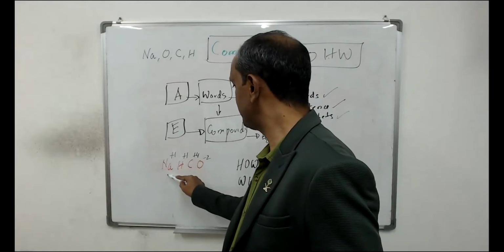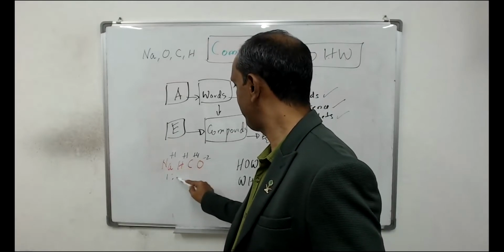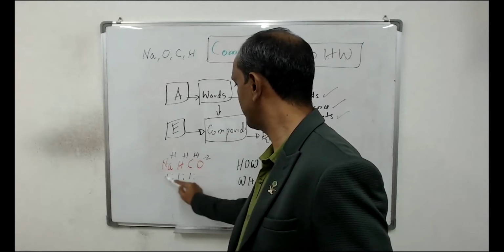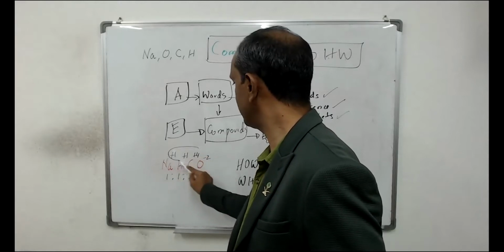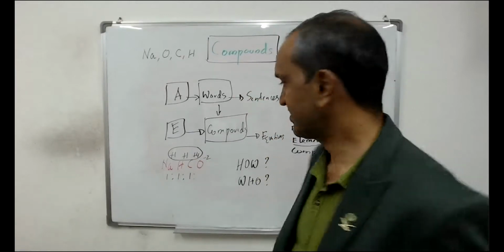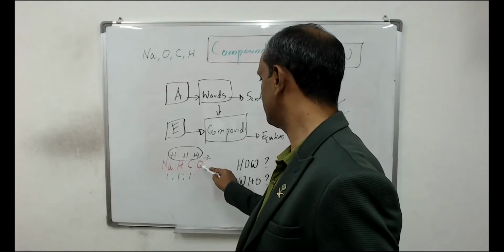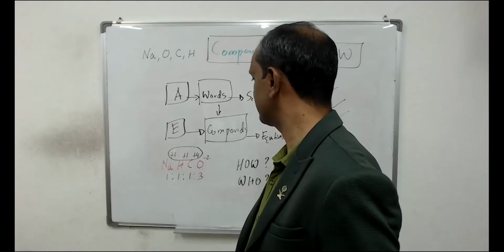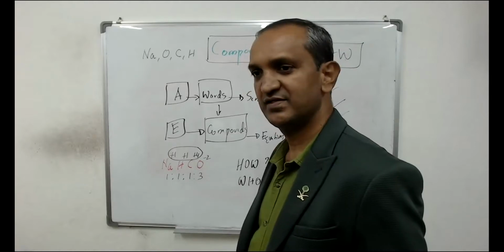So assume that 1 sodium, 1 hydrogen, and 1 carbon all together will be losing 6 electrons. These 6 electrons can be transferred to 3 oxygen, as each needs 2 electrons comfortably.